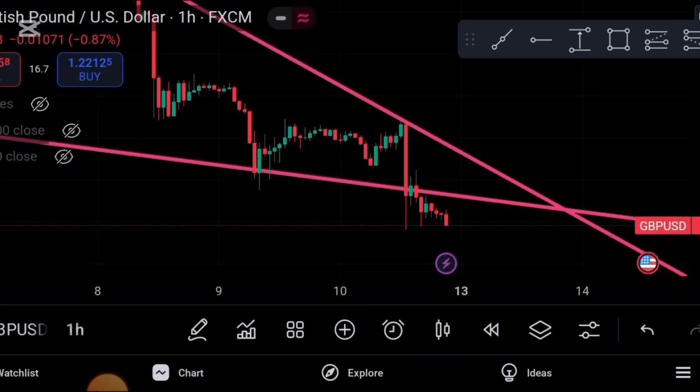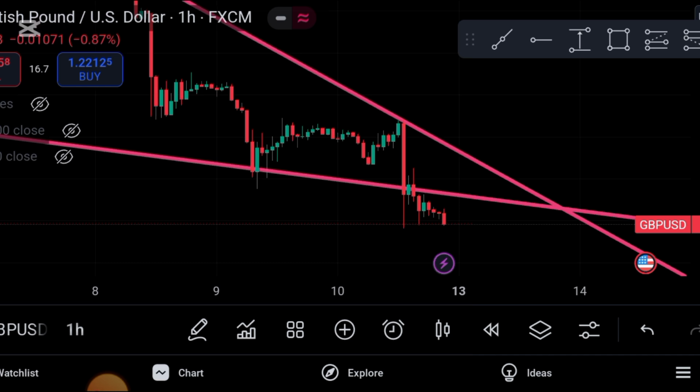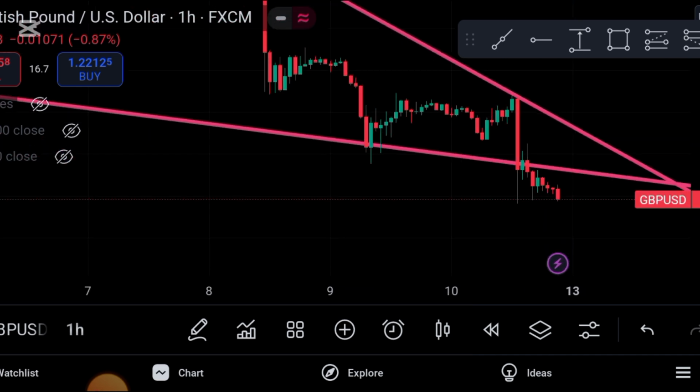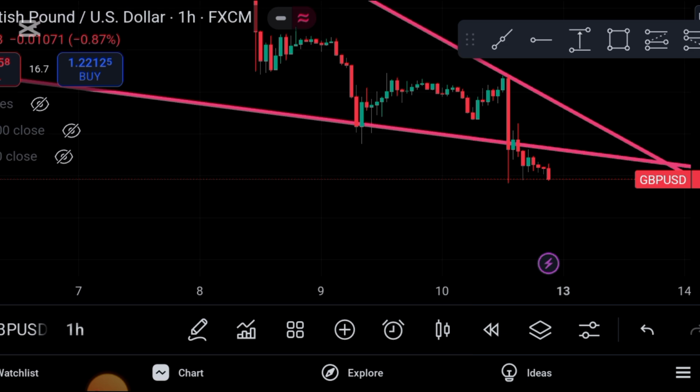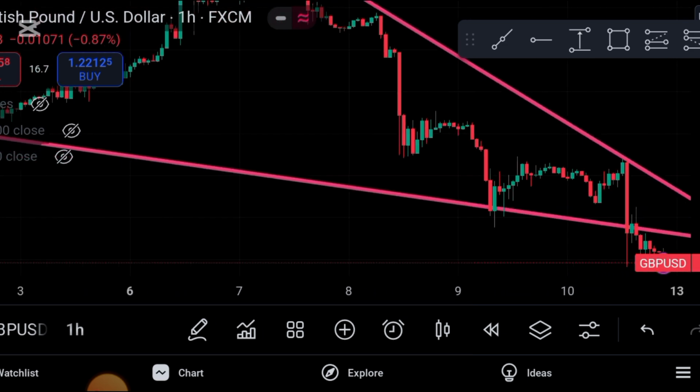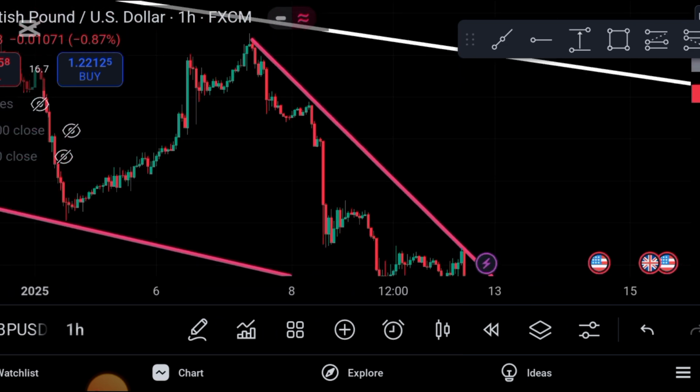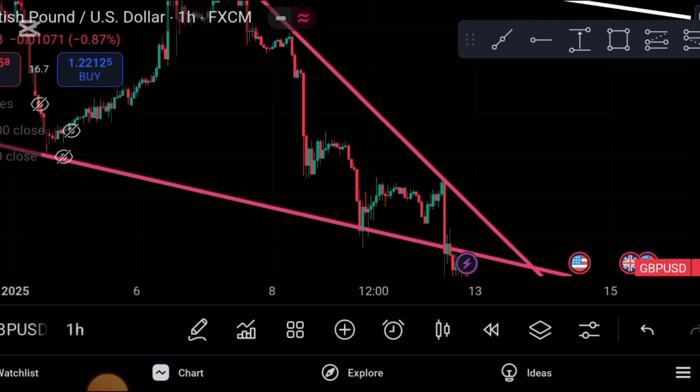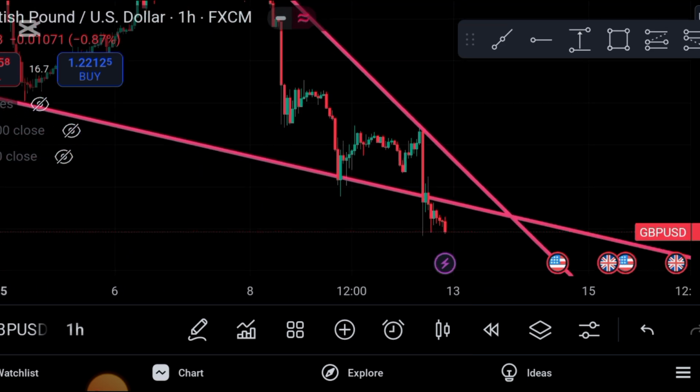When it comes to the 1 hour chart, it's pretty clear that it has been broken down to the downside in the 4 hour trend line. And for the 1 hour trend line, honestly, there is not much that you can draw based on. All of the price action has been done. Yeah, you guys.